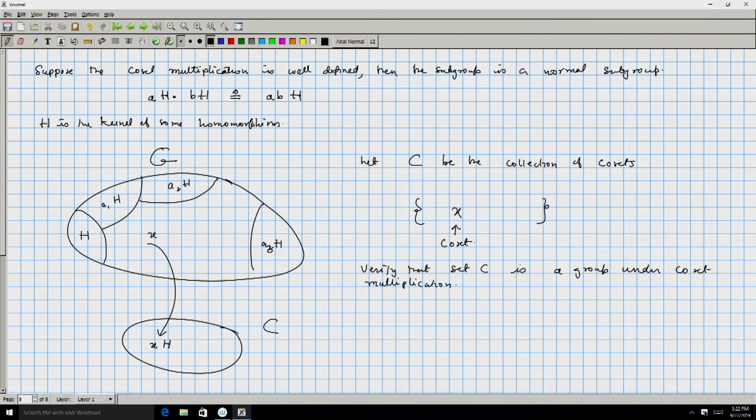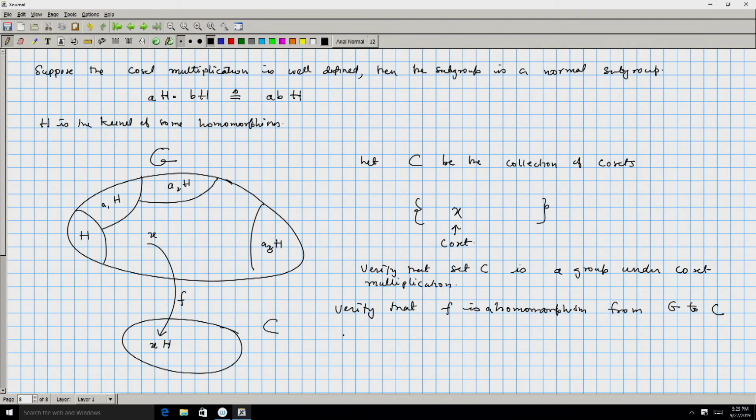Clearly every element of C is the image of some element in G, and we can verify that this function f is a homomorphism from G to C.